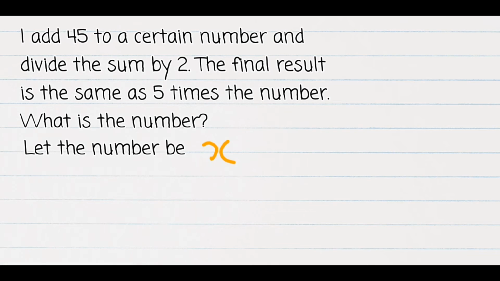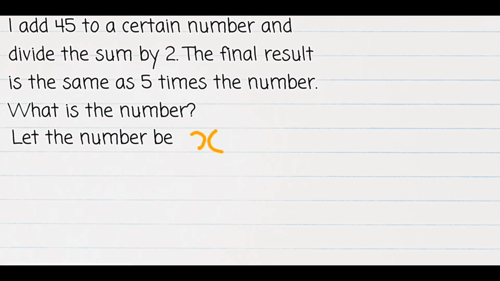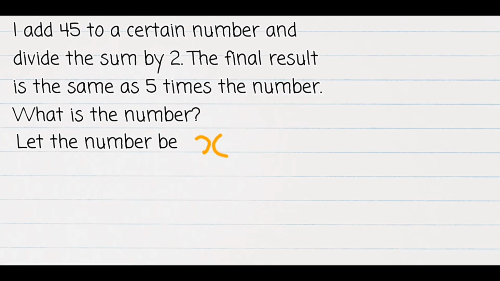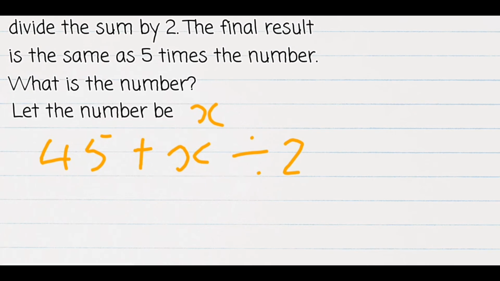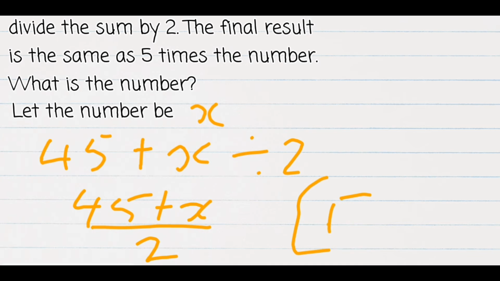From the first sentence, it says, I add 45 to a certain number and divide the sum by 2. Meaning 45 is added to a certain number, which is x, and is divided by 2, which can also be written as 45 plus x all over 2. And this is what we derive from the first sentence.